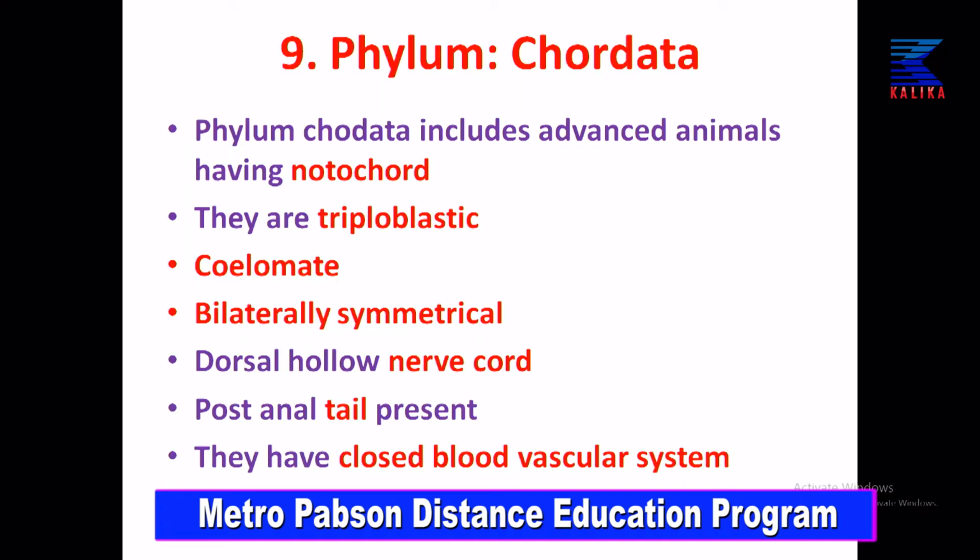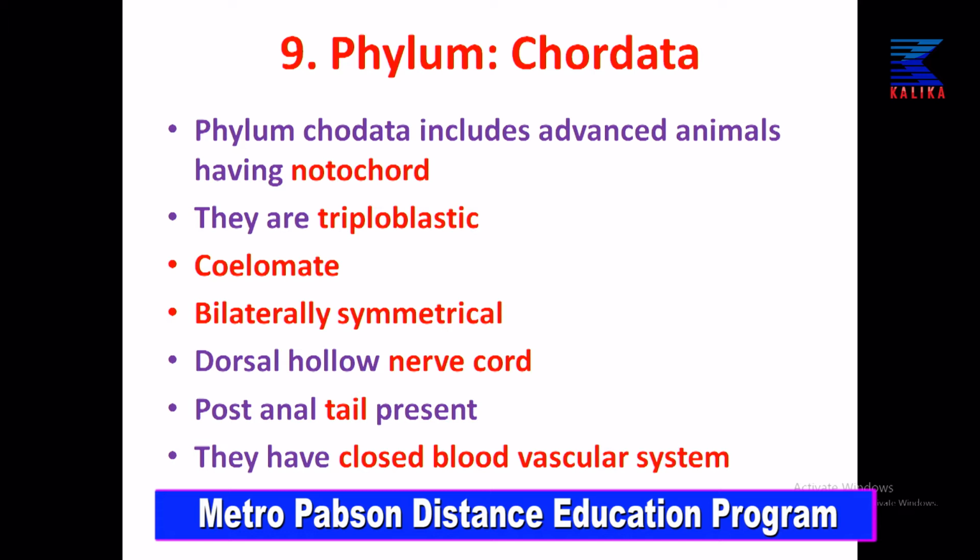Phylum Chordata includes advanced animals having a notochord. A notochord is an embryonic rod-like structure that develops into the vertebral column, the backbone, later on.